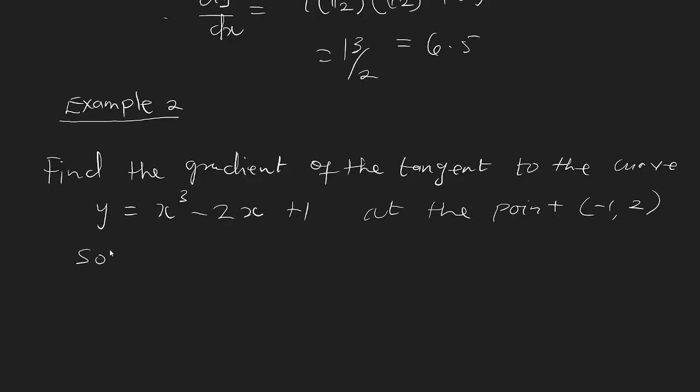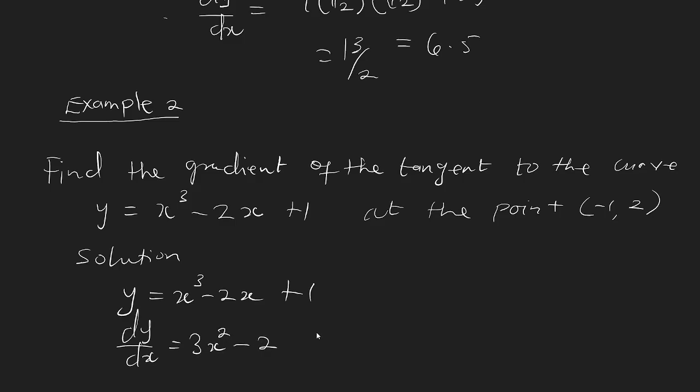Solution. We have y being equal to x cubed minus 2x plus 1. So when we differentiate this, we get dy/dx equal to 3x squared minus 2.